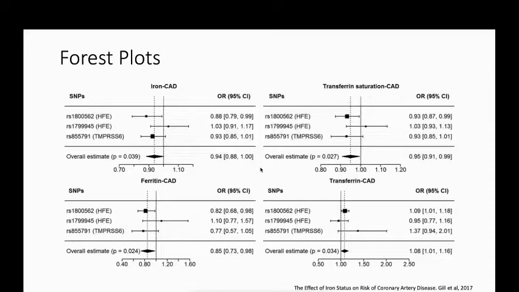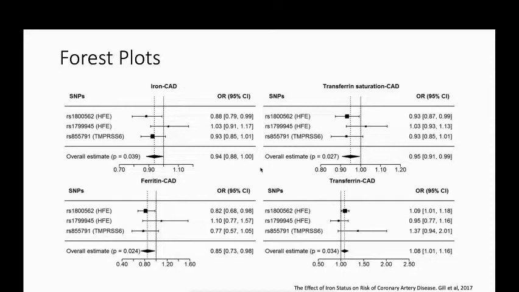So let's discuss the effect of iron on coronary artery disease. In the figure on the top left, we can see that SNP rs1800562 is associated with a decreased risk of coronary artery disease. The confidence interval is between 0.79 and 0.99, so that shows a significant reduction.